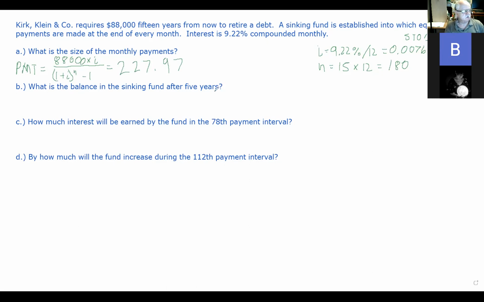So what is the balance in the fund after 5 years? What do we have to do here? 5 years, n is going to be equal to 5 times 12 equals 60. So we're going for 60 periods.